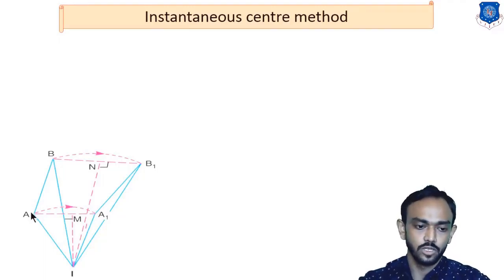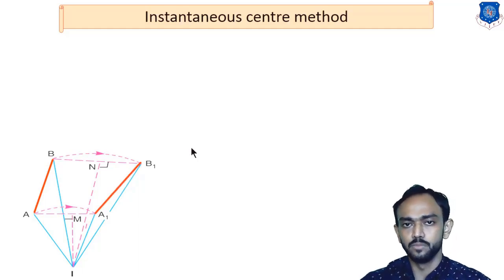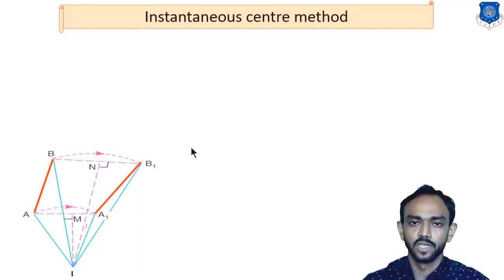Check here. First of all, this is the AB link. It is moved to a second position here, A1 B1, and this motion is a combination of both rotary and translatory.